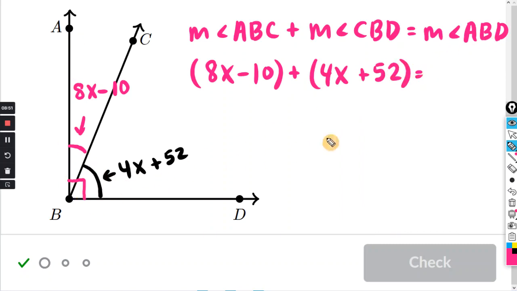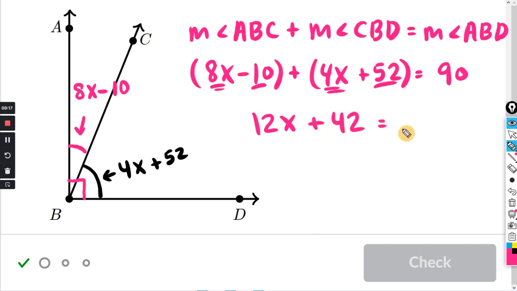We said that was 90 degrees. All right, combining like terms, 8x plus 4x is going to be 12x. And the constant terms, negative 10 plus positive 52, that is positive 42. And that equals 90.